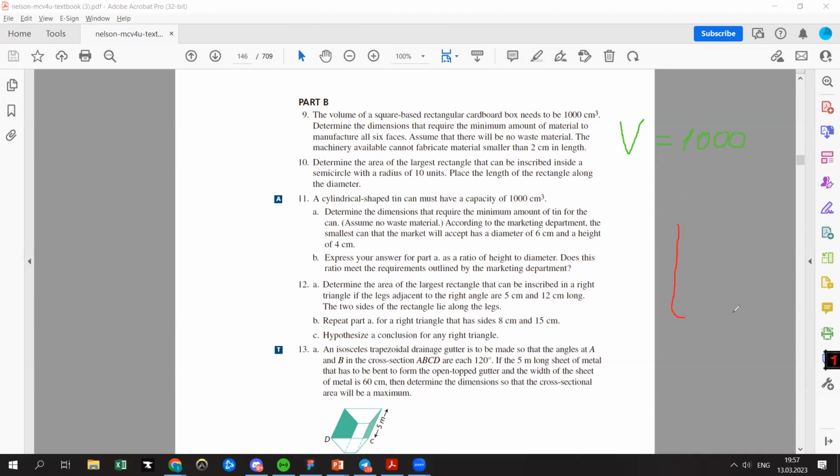It's basically a cylinder, right? And we also know the smallest can that the market will accept has a diameter of 6 centimeters, and a height of 4 centimeters.